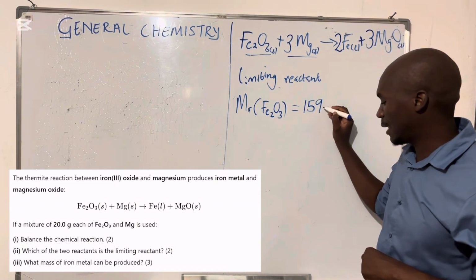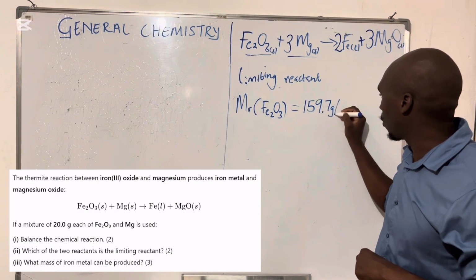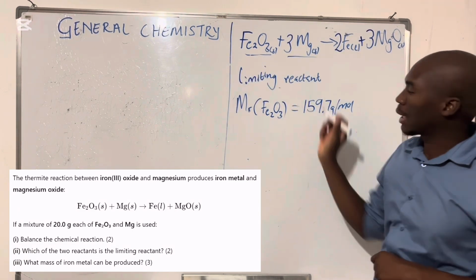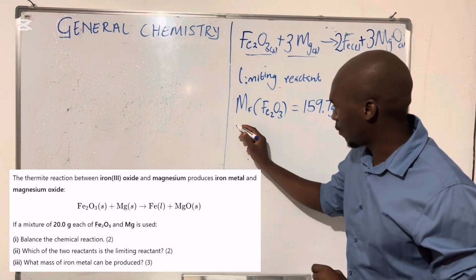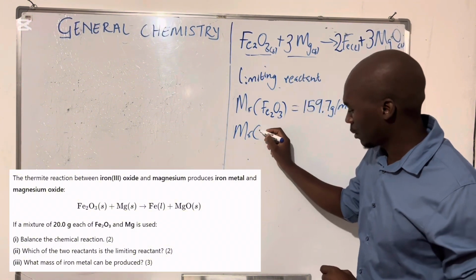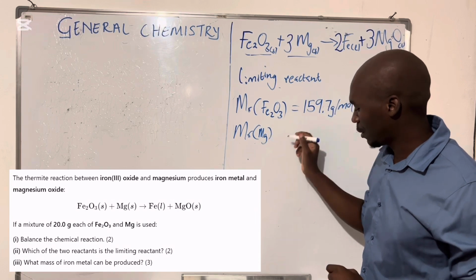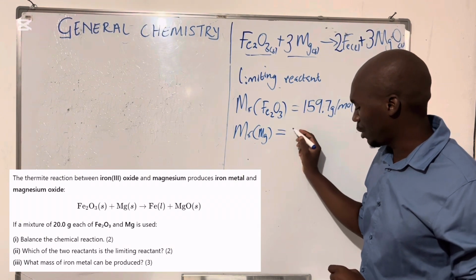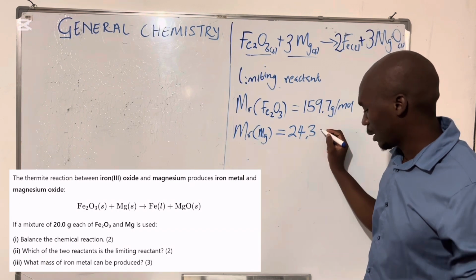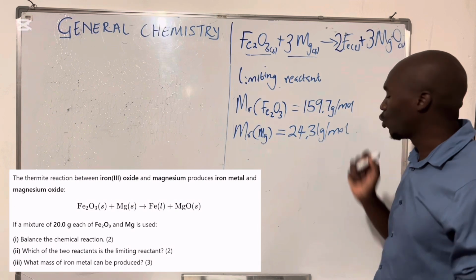You will find how we find the molar mass. So 159.7 gram per mole. This is the molar mass of the first one, right? The molar mass of the second one, which is magnesium, or Mg, is going to be 24.31 gram per mole.